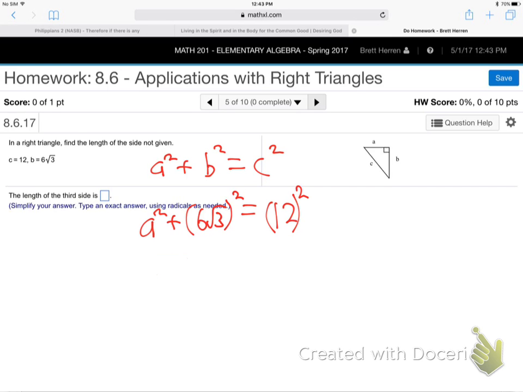Okay, so now how do you square this? What does a 2 power mean? It means write 2 of them, doesn't it? So you square the 6, that's 36, right? 6 times 6. And what do you do with the root? Cancel it. Plain 3 equals 12 times 12, 144.